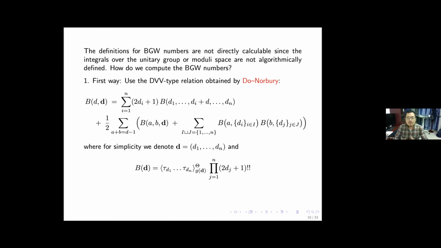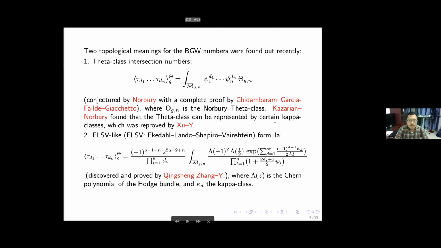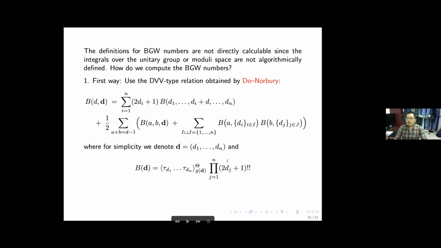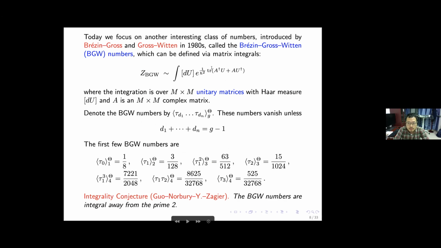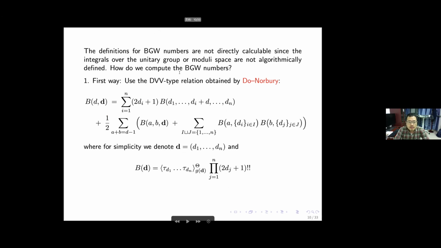However, either from this formula or from the original definition, computing these numbers is not very easy, because integrals over the unitary group or over the moduli space of stable curves are not algorithmically defined.